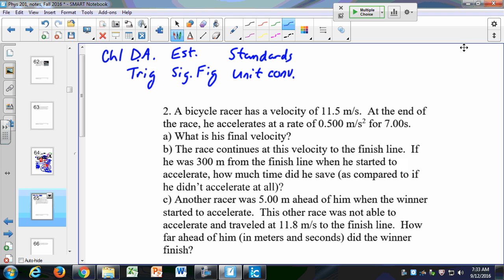And then unit conversions, converting, say, meters to centimeters, converting meters per second to kilometers per hour, or something similar, and converting something like centimeters cubed per second to meters cubed per second. So when you have a cube or a square in the unit, you have to square or cube the unit conversion factor.